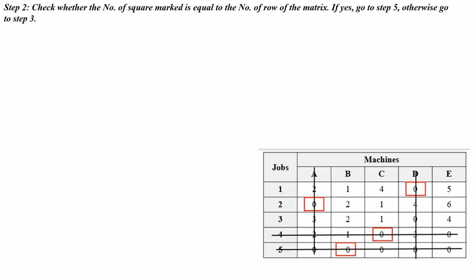Step 2 is to check whether the number of square marked zeros is equal to the number of rows of the matrix.